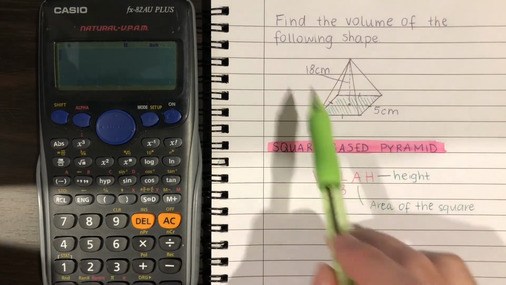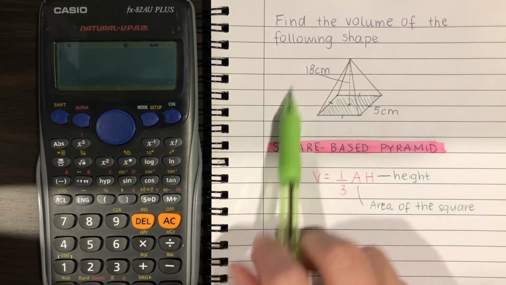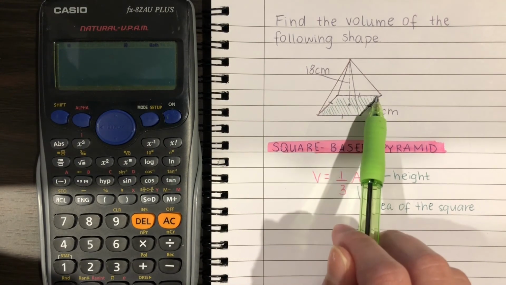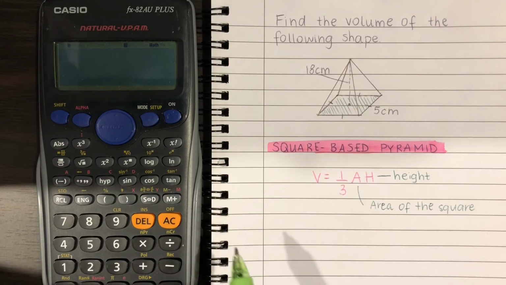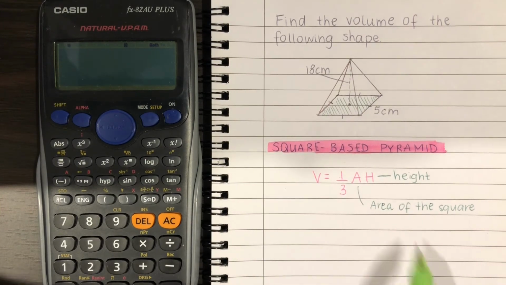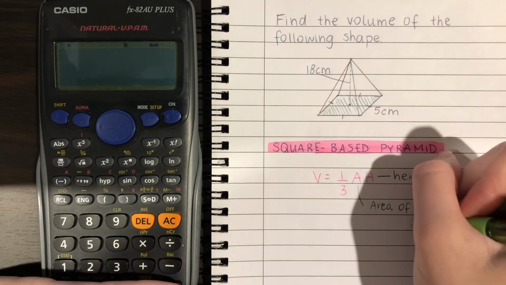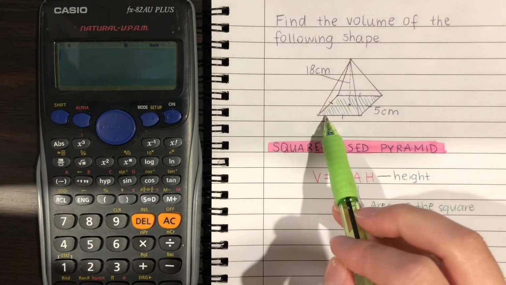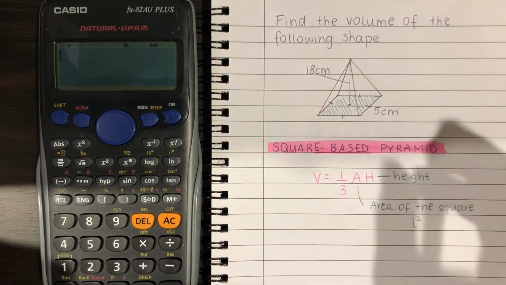So basically to find the volume, the space inside this tent, you find the area of the square down the bottom and you times it by the height. So the area of a square is the same as length squared, so itself times itself.